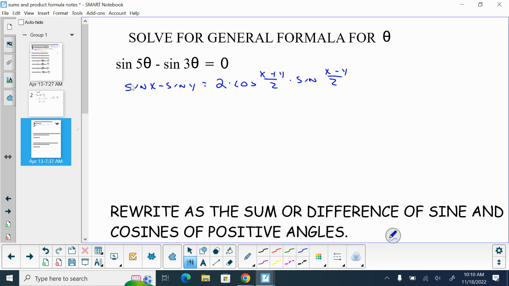Well, my x is 5 theta, my y is 3 theta. Here's my x and here's my y. So we're left with 2 times the cosine of 5 theta plus 3 theta divided by 2 times the sine of 5 theta minus 3 theta divided by 2. And this is equal to 0.